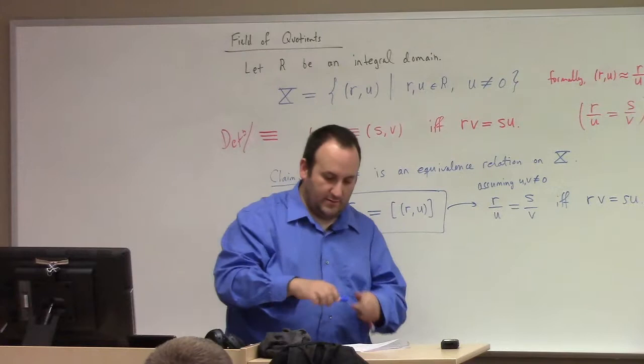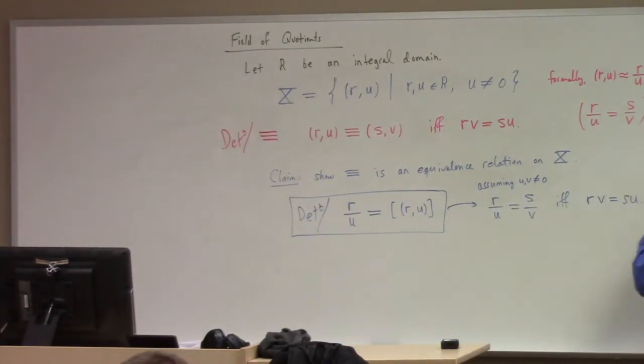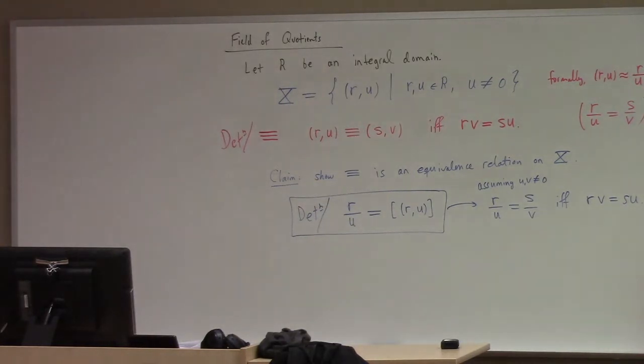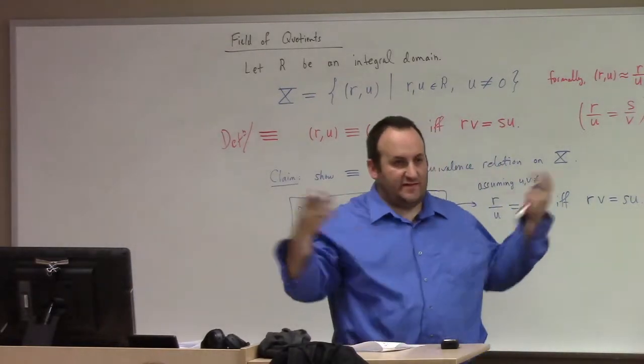So that is how we construct the field of fractions. Well, we're not quite there yet, but we'll let Q be the set of these equivalence classes, r over u, such that r and u are in the ring, and u is not equal to 0. All right? Now that's just a set at the moment.